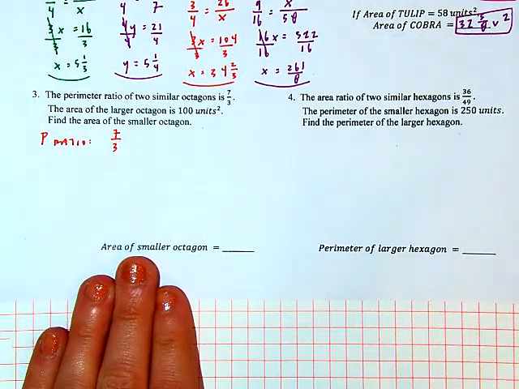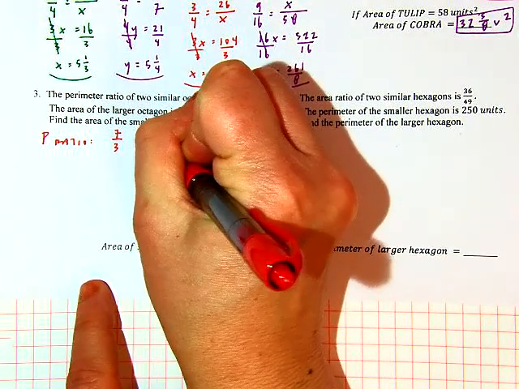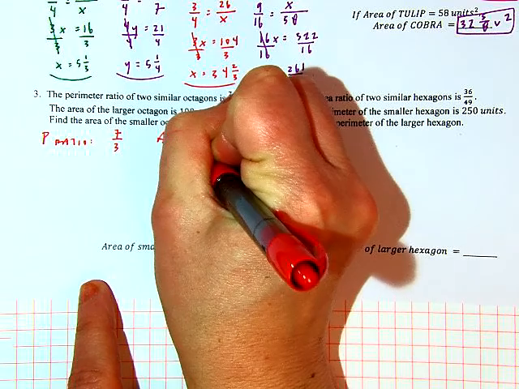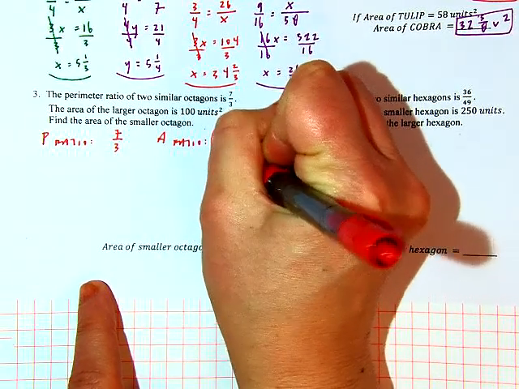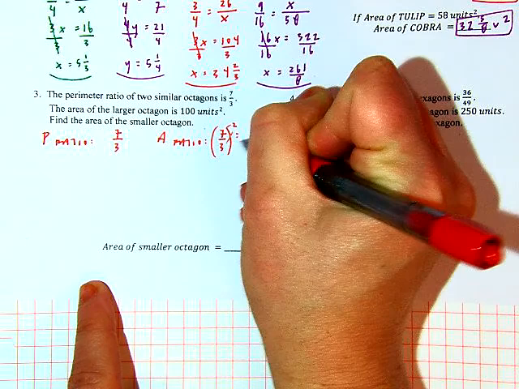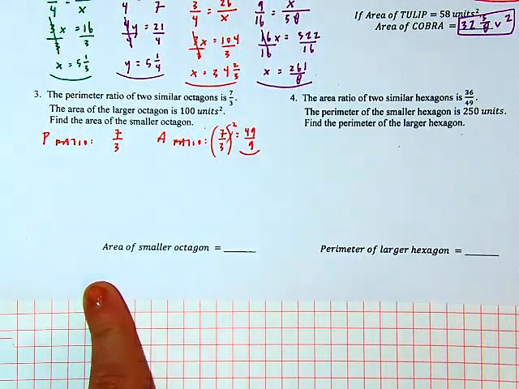So I know that that would be the same as my side ratio or the scale factor. So if I need an area ratio to solve this problem, I need to square that 7 over 3. So 49 to 9 is my area ratio.